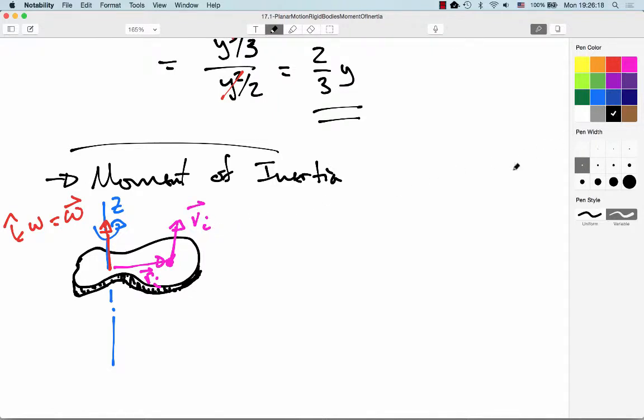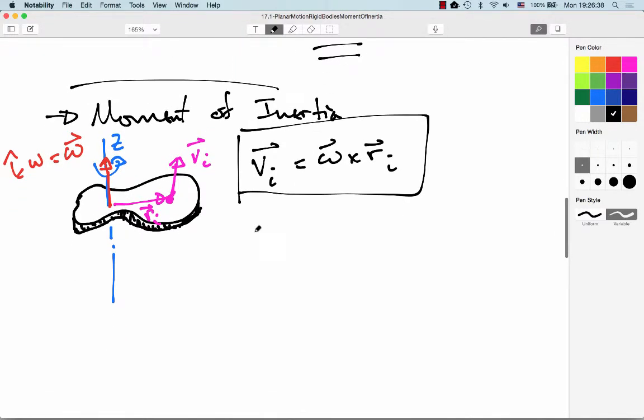Now here, and this is true in general, we can express Vi as omega cross Ri. You should take half a second here just to convince yourself that the cross product does work. This is true in general.